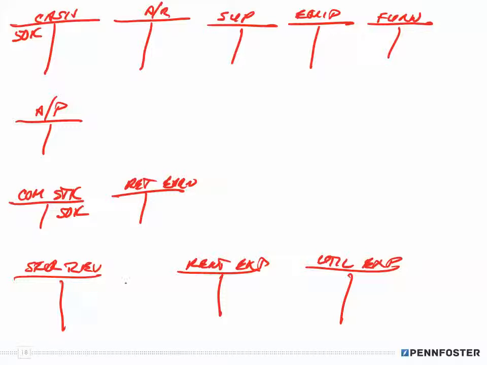Now, before I enter the next entry, I want you to see why the T account is a valuable tool. Remember, we're taking our journal entries, where debits equal credits, and we're now posting them into the ledger accounts.